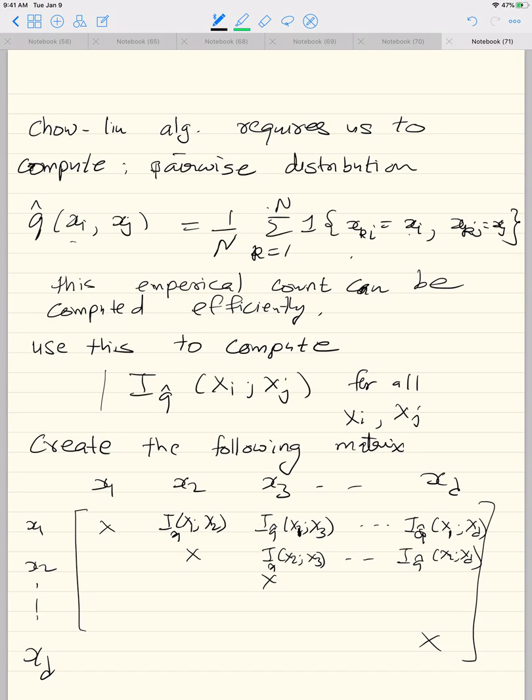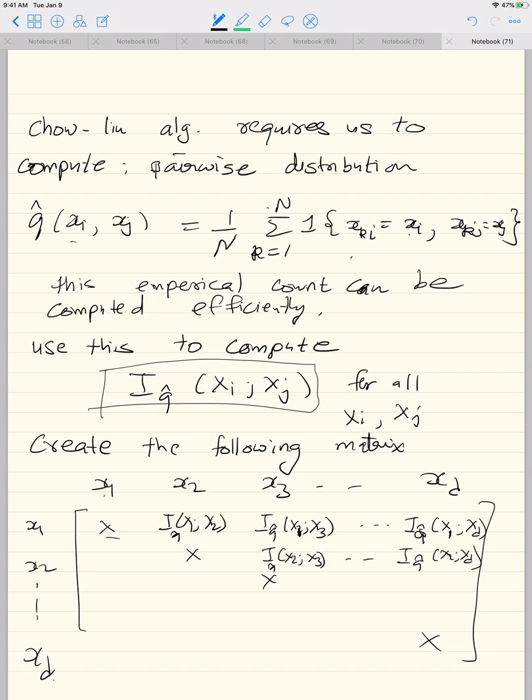Once we have that, we use the formula for mutual information to compute this, and we do this for all variables xi and xj. In other words, we fill a matrix like this. In this matrix, the rows and columns are the variables we have: x1, x2 up to xd, and x1, x2 up to xd.